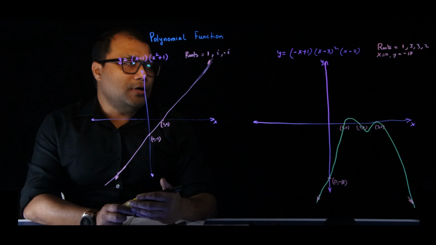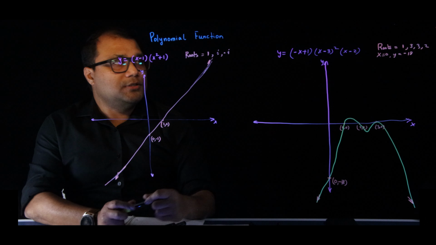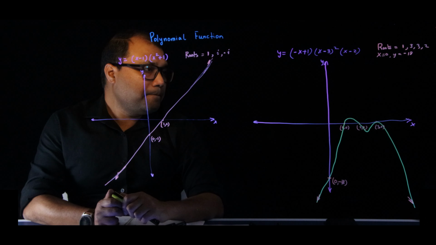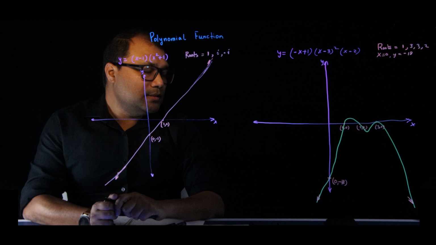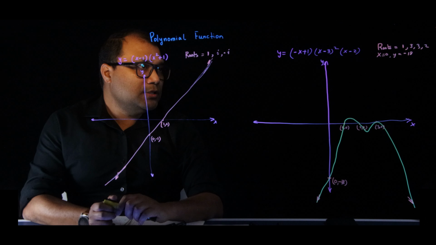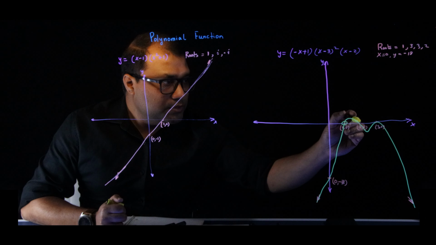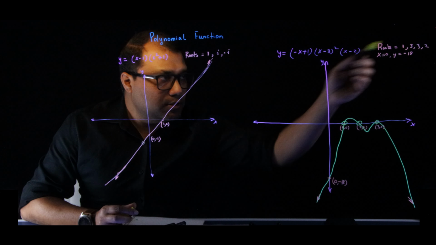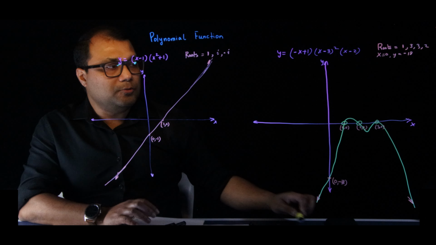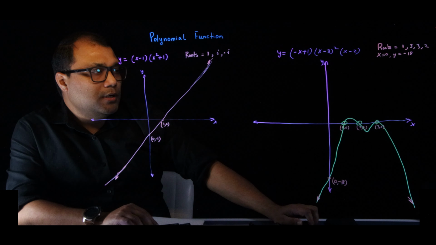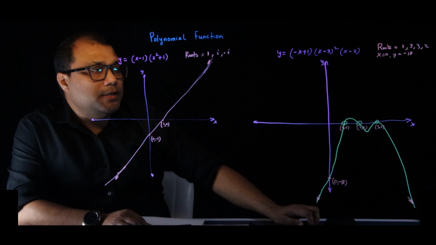So that would be how the curve of this polynomial will look. Again this is a quartic equation. It should have 4 roots. It shows 3 roots here because one of the roots is a repeated root. It could have a maximum of 4 roots, but in this case there are 3 real roots.